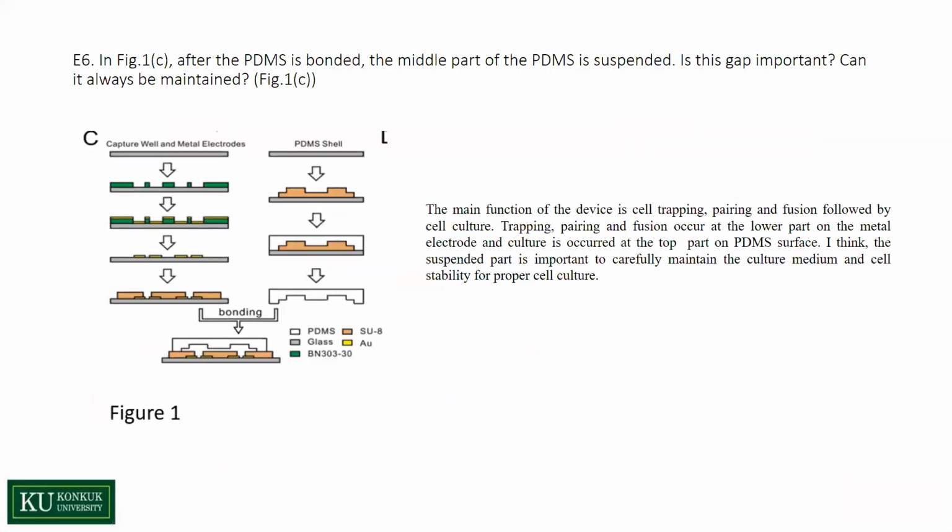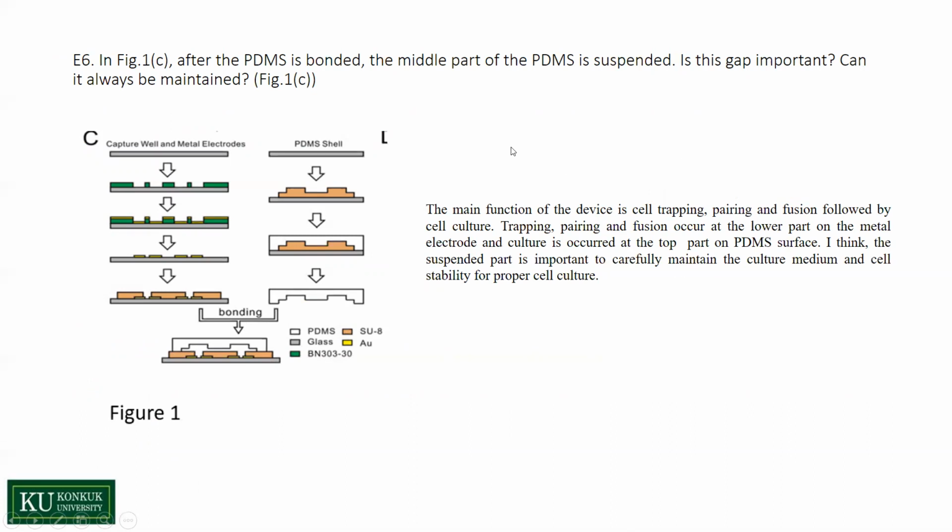In question 6, they ask me, after the PDMS is bonded, we can easily see in figure 1C that the middle part of the PDMS is suspended. Is the gap important?